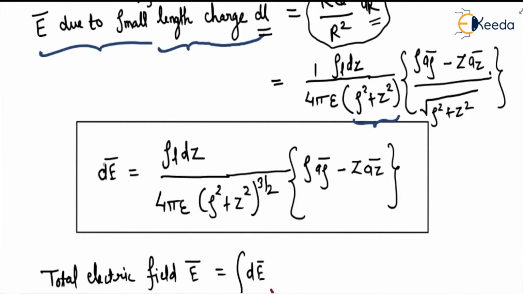So dE vector, meaning the electric field due to the small length charge, is rho L dz upon 4 pi epsilon rho square plus z square to the power of 3 by 2, because here it is under root and here it is power 1, so the total power is 3 by 2, times rho a rho minus z a z.